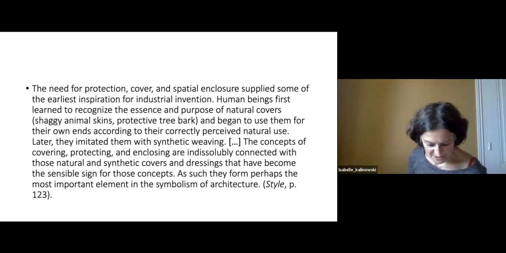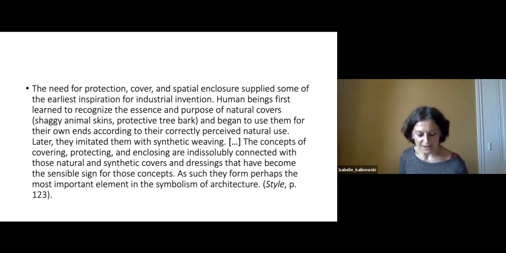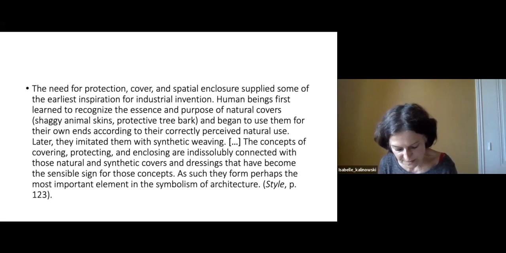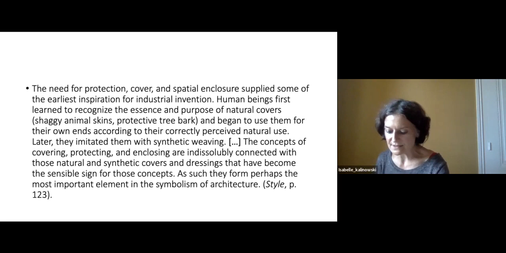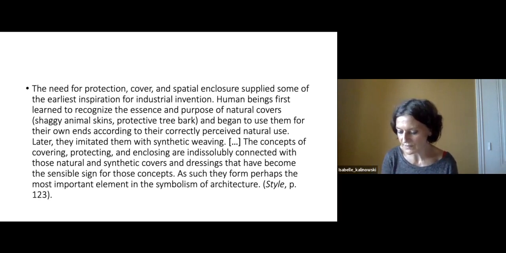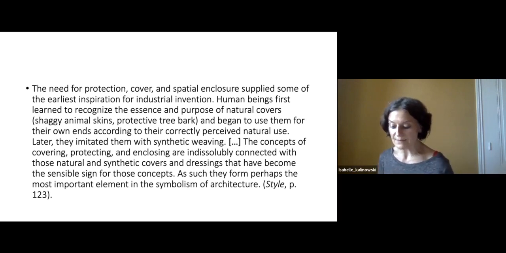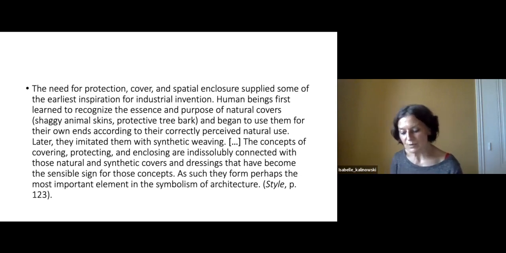"The need for protection, cover, and spatial enclosure supplied some of the earliest inspiration for industrial invention. Human beings first learned to recognize the essence and purpose of natural covers, shaggy animal skins, protective tree bark, and began to use them for their own ends according to their correctly perceived natural use.